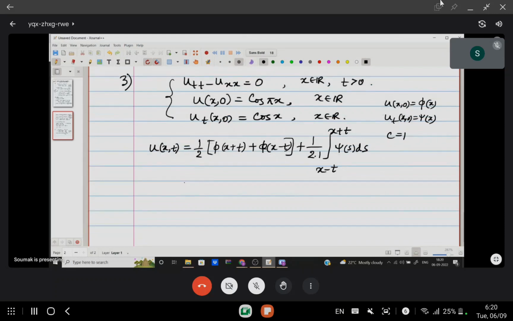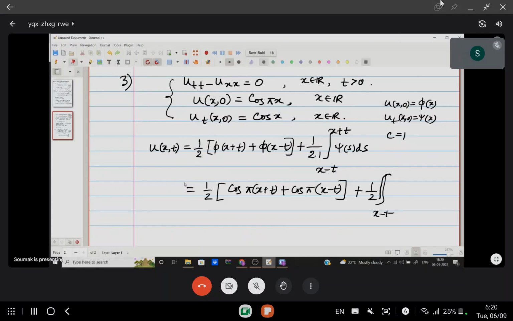Half of cos of pi times (x plus t) plus cos of pi times (x minus t), plus 1 by 2 times the integral from x minus t to x plus t of psi of s ds.